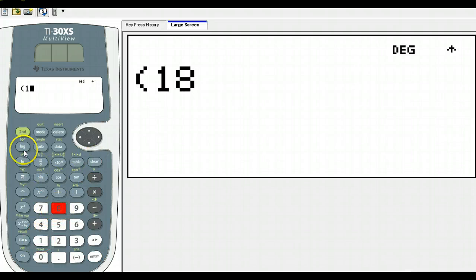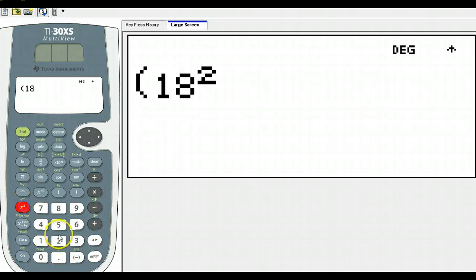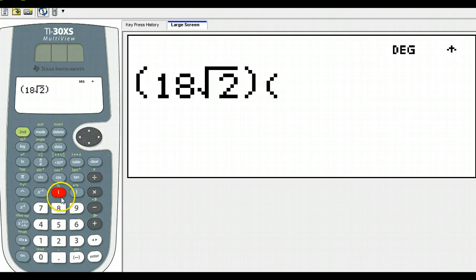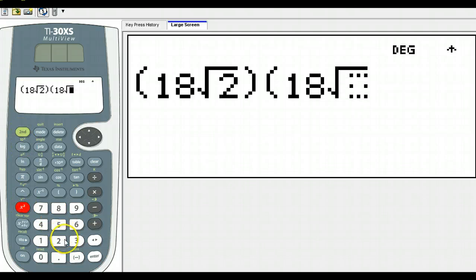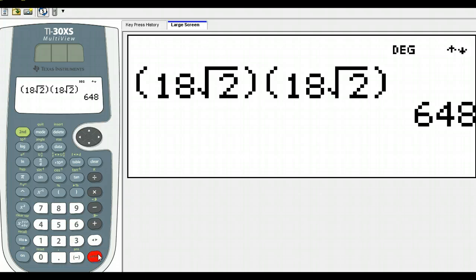Whoa, I messed up. Start over. Open the parentheses, 18 radical 2. Close the parentheses. So 18 radical 2 times 18 radical 2, 648.